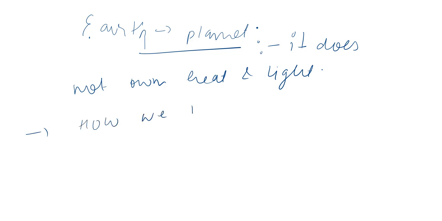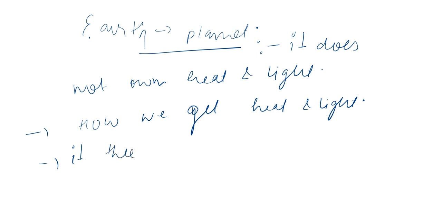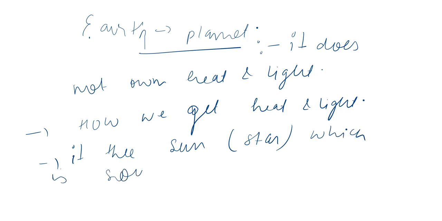We get heat and light from the sun, which is a star, the source of light to the earth.